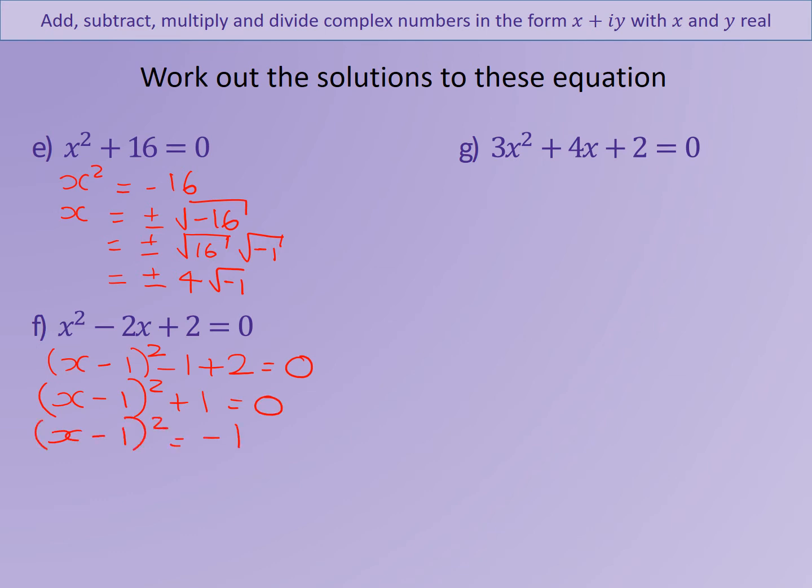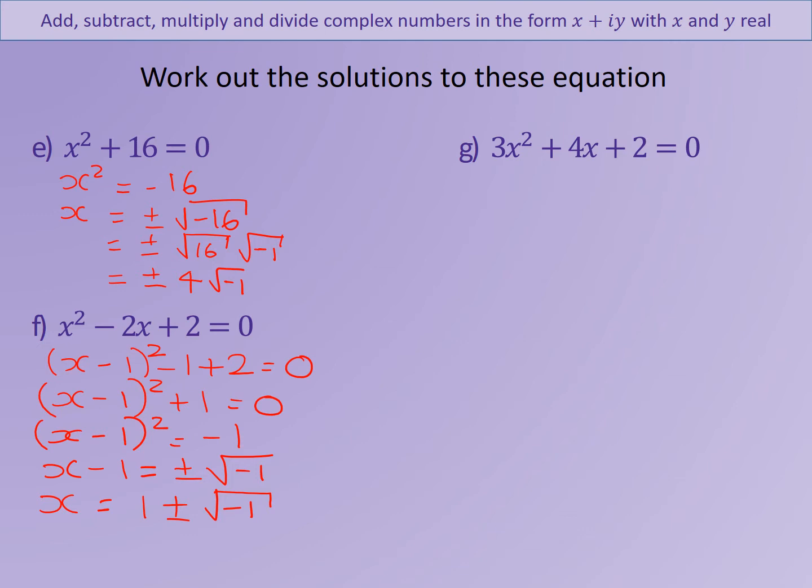So this part here is where the problem will arise, being negative. Taking the square root, so I've got x minus 1 is equal to plus or minus the square root of minus 1. And therefore x will be 1 plus or minus the square root of minus 1. And again, it's this part here that we'll take a look at on the next slides.